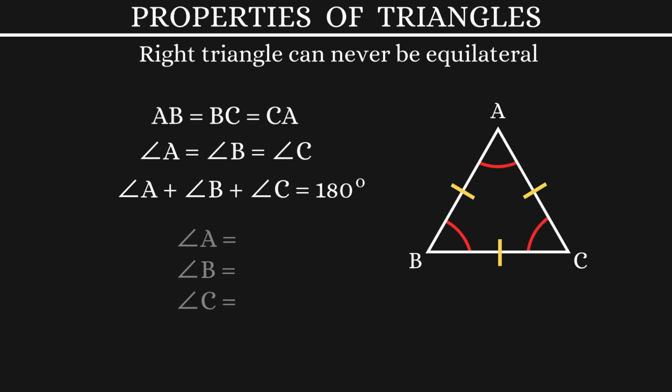That means each of the angles should be 60 degrees only. Hence, an equilateral triangle can never be a right triangle, and also a right triangle can never be an equilateral triangle.